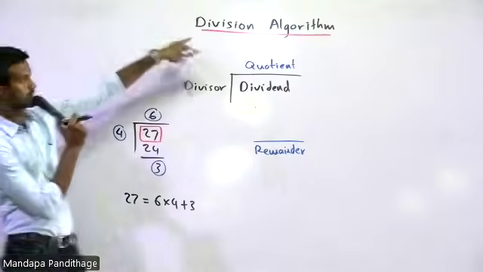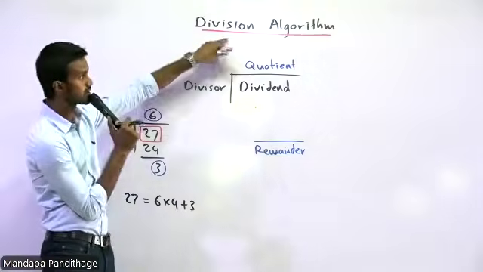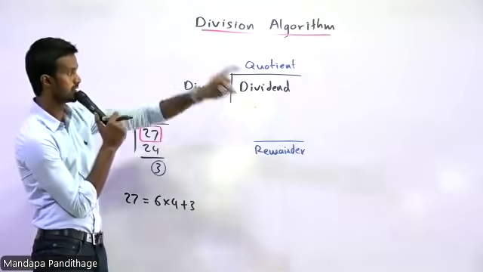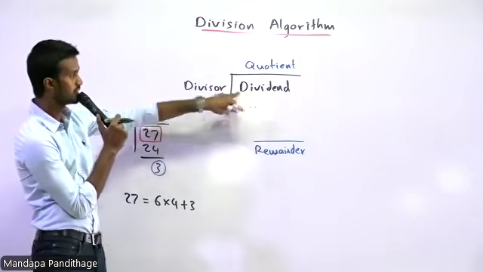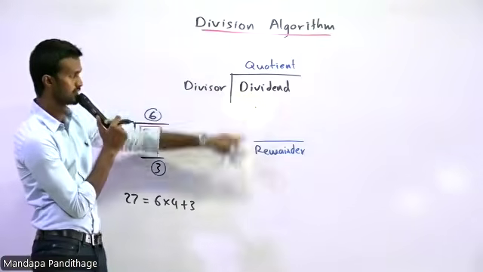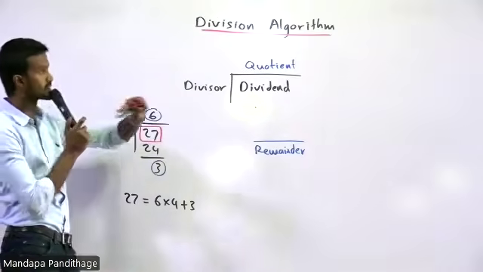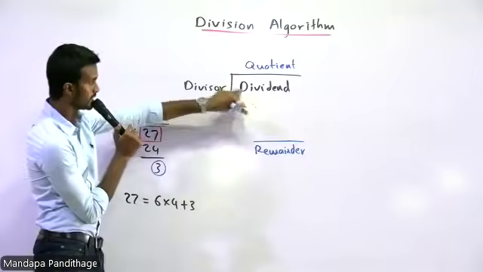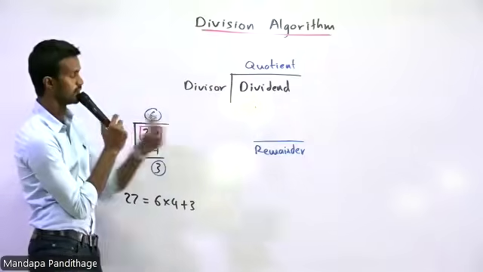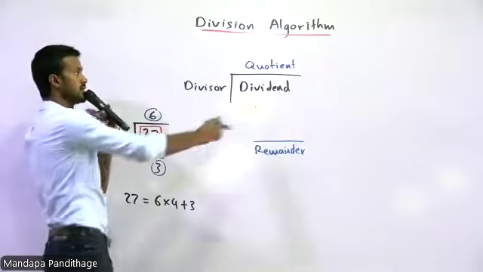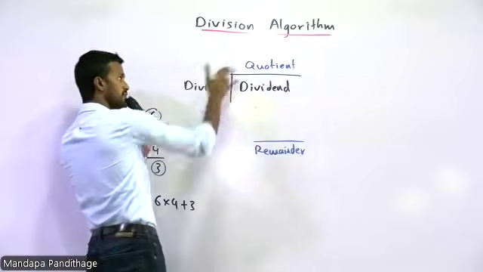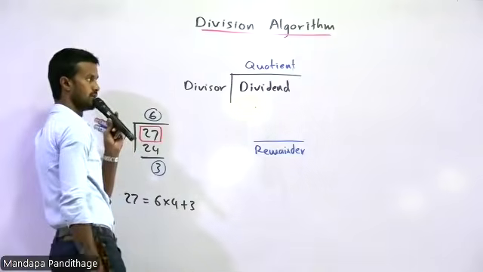Same thing, what is the division algorithm? Division algorithm is a mathematical expression that combines the dividend, divisor, quotient and the remainder, or expressing the dividend in terms of the divisor, quotient and remainder.